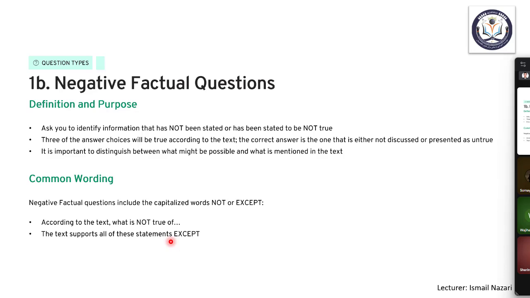If it is negative factual question, it uses not or except. If it is factual question, it will not use that. It doesn't say what is not stated or what is not true. Factual question will not say that. But negative factual questions, yes, they use it.